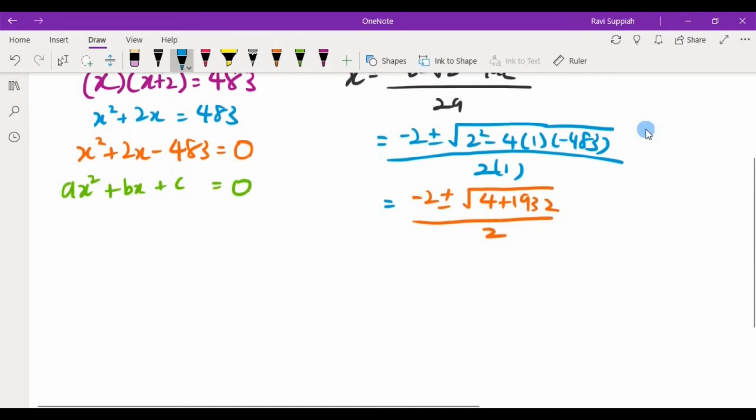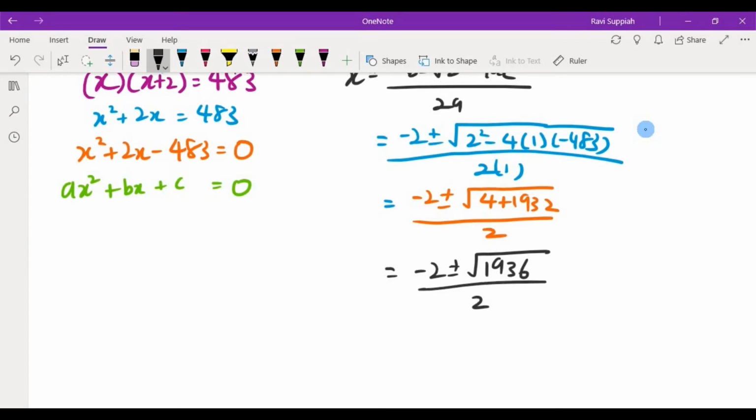Next, what you will have is minus 2 plus minus square root of 1936, over 2, and the square root of 1936 is 44. So minus 2 plus minus 44 over 2.